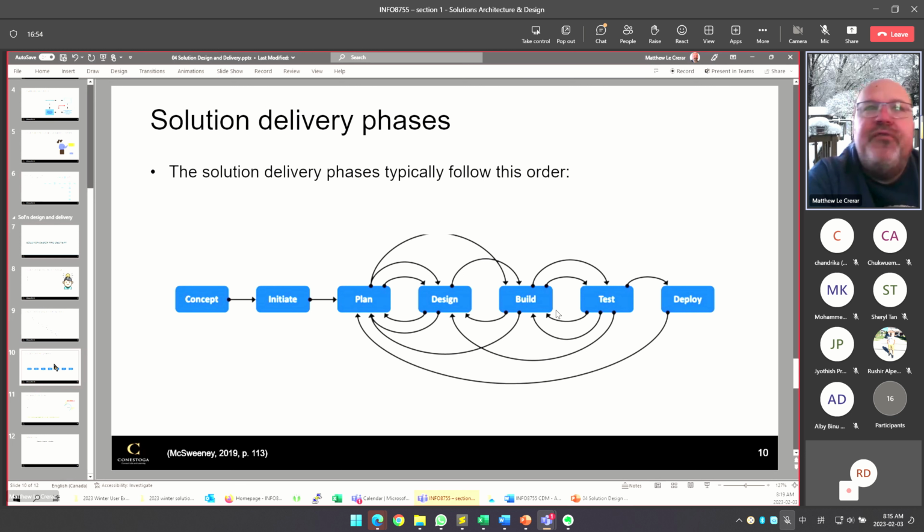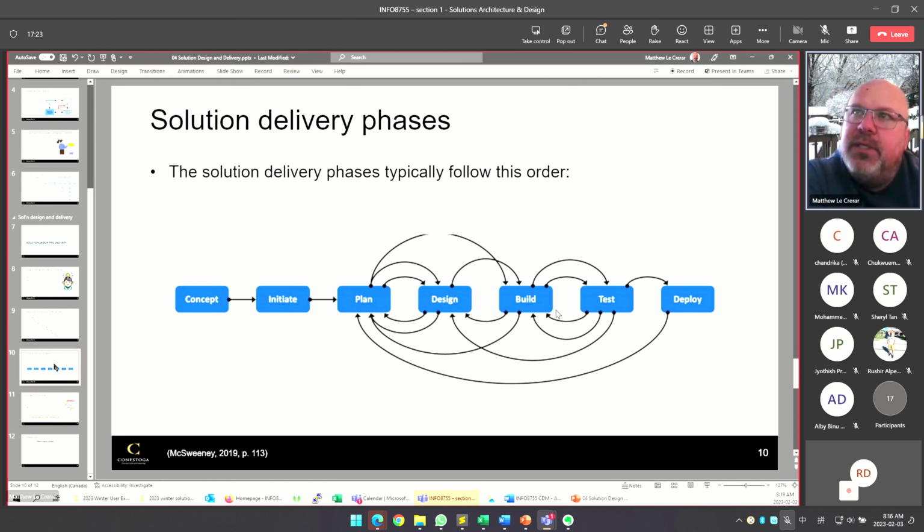So if you're smart and you figure out that the two processes are very closely aligned, you will do well. If you learn one, you learn them both. And yes, Cheryl typed it in for us: initiation, planning, execution, monitoring and controlling, and closing. Those are the correct terms for that. Thank you, Cheryl. So project management's execution is the solution delivery's design, build, test, and deploy.